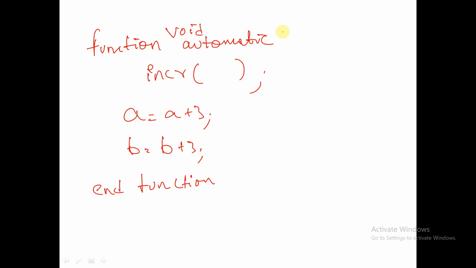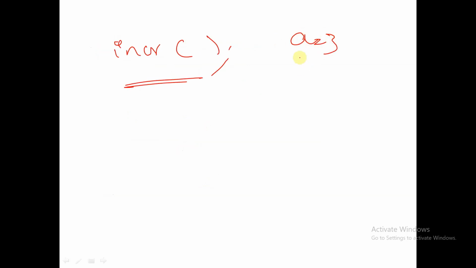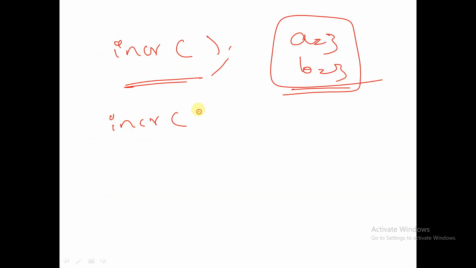So I'm calling this function once, inc here. Now what happens? The value of a will be equal to 3 and b will be equal to 3. Is this clear? I'm calling the function inc here again.